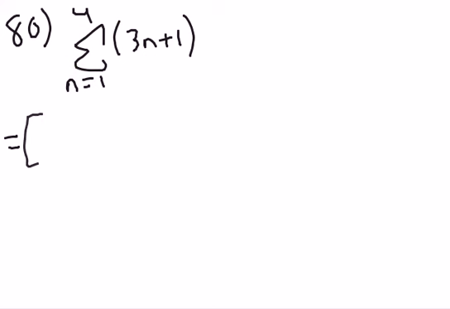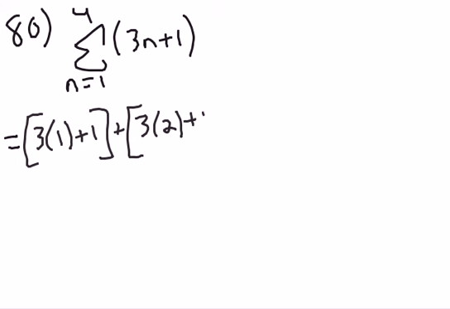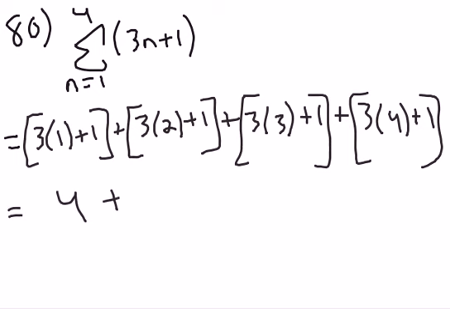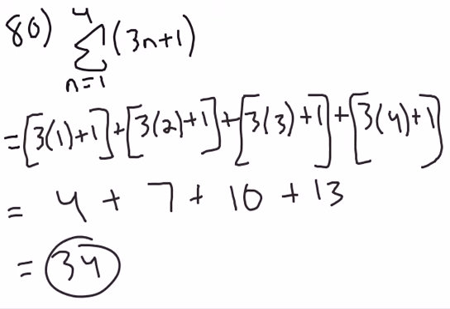So I'm going to say, start with n being 1, plus n being 2, plus n being 3, plus n being 4. Okay, this will give me 4 plus 7 plus 10, so I'm adding 3 every time. It's 13, which if you add all those up, you get 34 as your answer. Okay, so there's number 80.